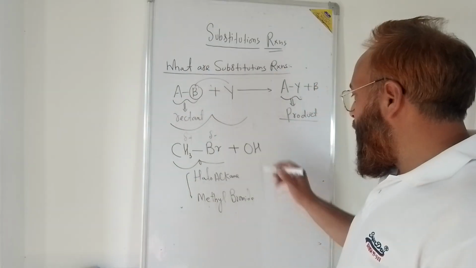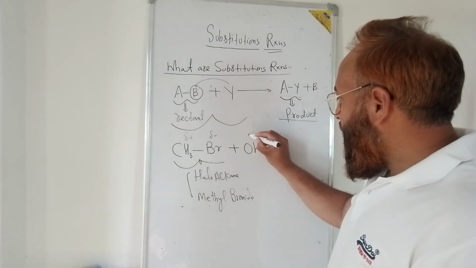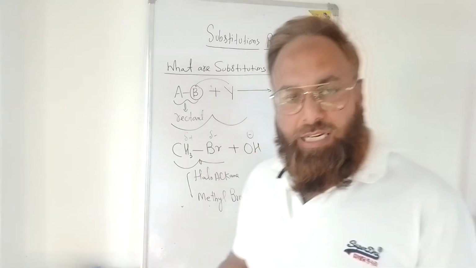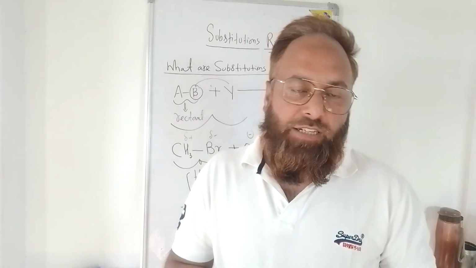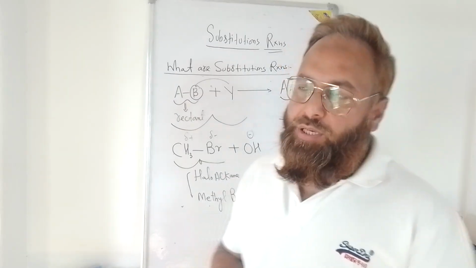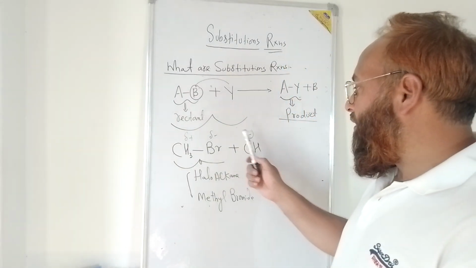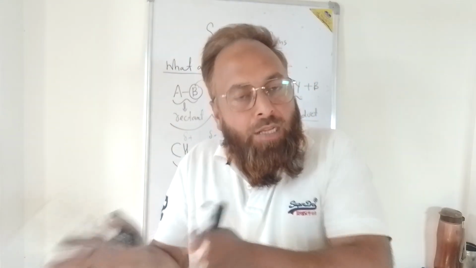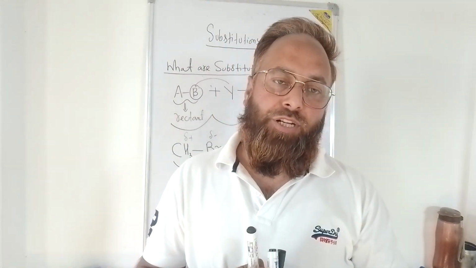Here you will see OH is a negative charge, because the oxygen atom is highly electronegative, so it develops a high negative charge. So here negative is present, and here negative is present. Negative is replaced by negative, and that is known as a substitution reaction.